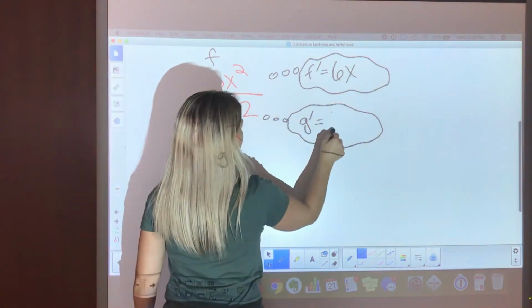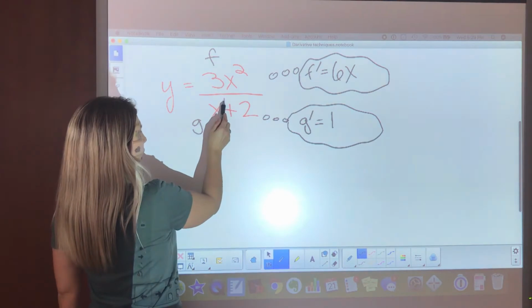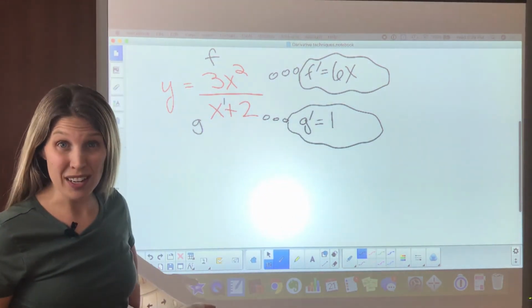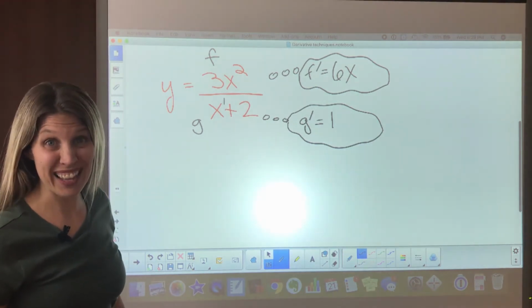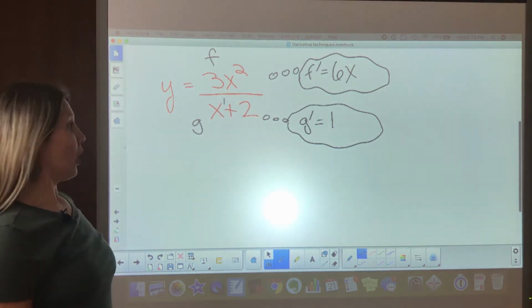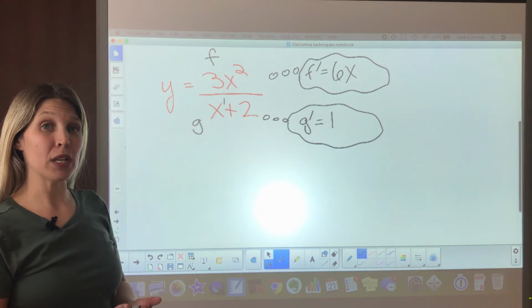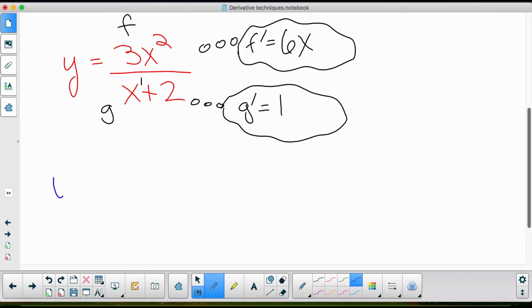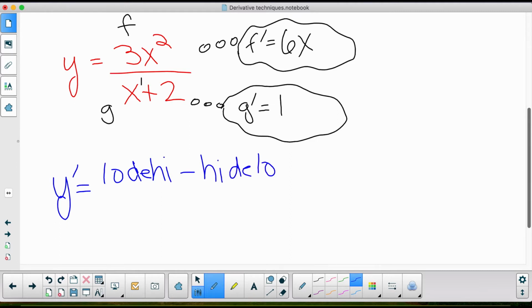That 1 comes down, then you subtract, 1 minus 1 is 0. So g prime is just 1. How easy is that? All right, so we're going to do low d high minus high d low all over low low. So y prime equals low d high minus high d low all over low low.